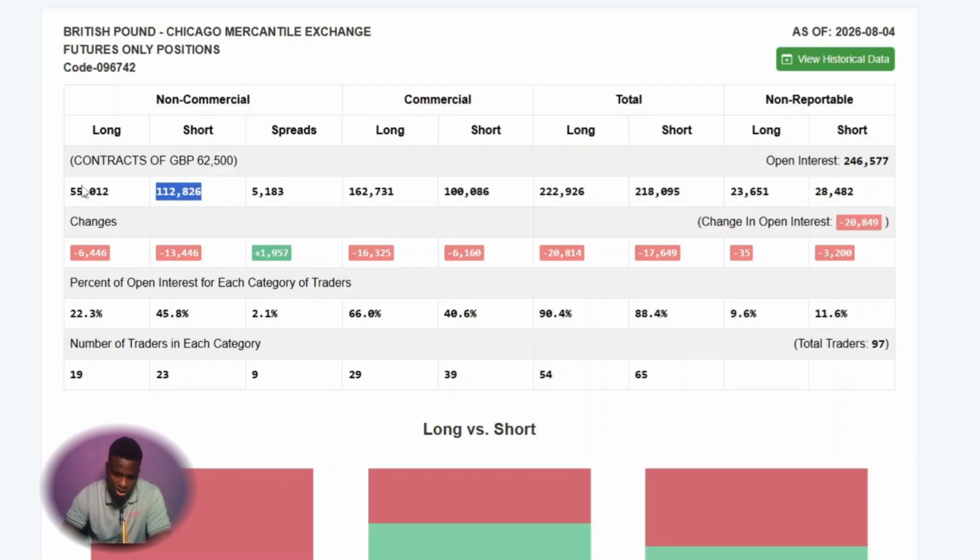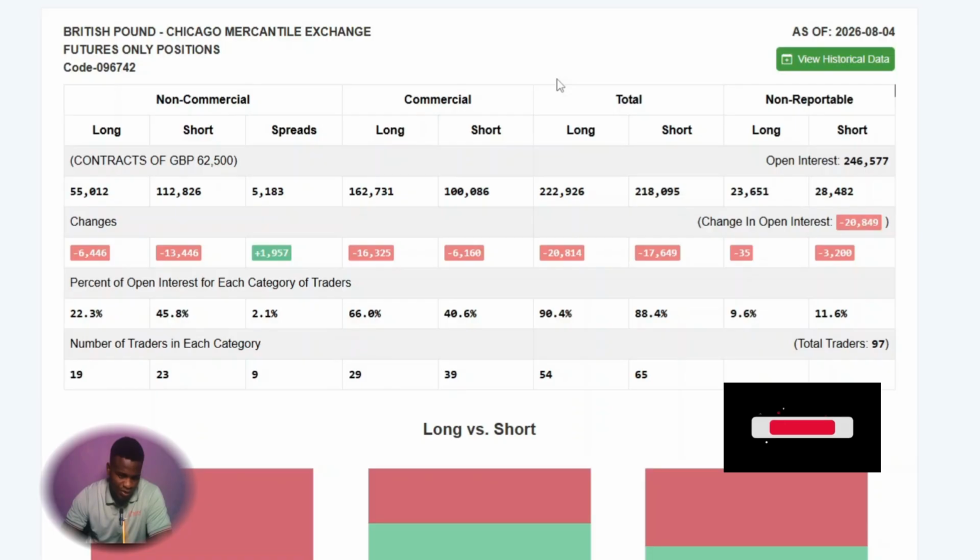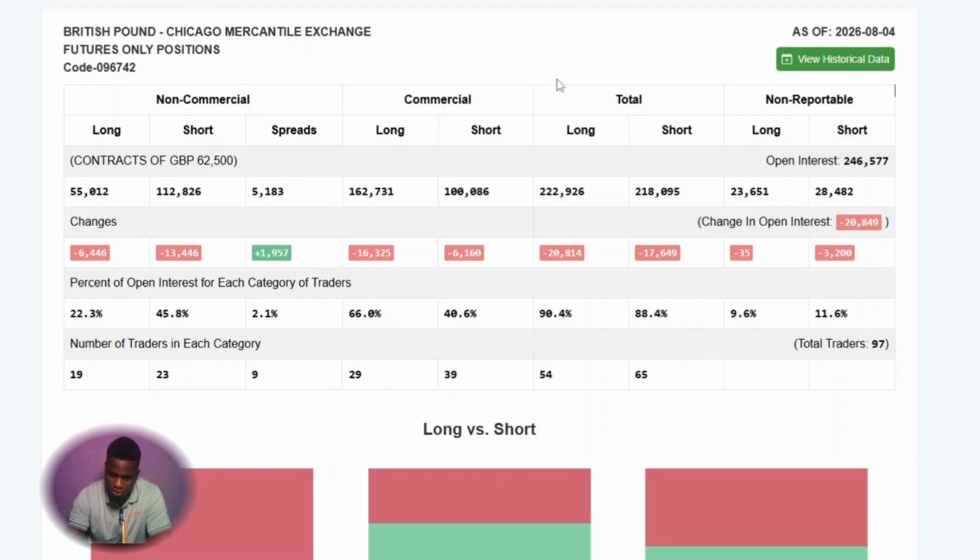The non-commercials are those I like looking at very importantly. As you can see, they're net long, and they hold 66% of that long. So this already gives me a hint that they've seen the pound has gone too low, so they're expecting the pound to go higher. That gives me a proper view of what I want to look at in the market.